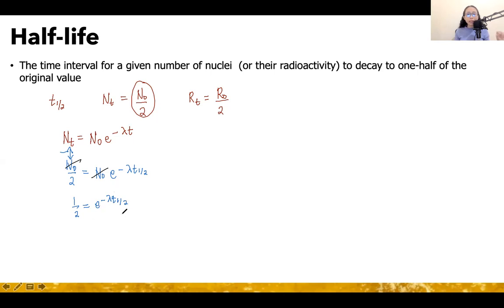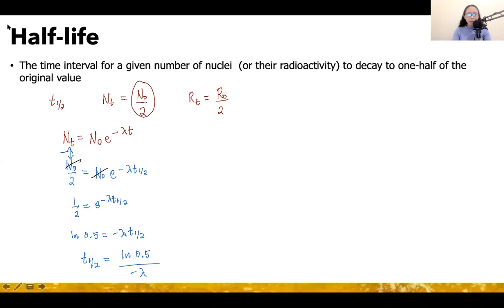Now we need to isolate t1/2 in this equation. So we take the natural logarithm of both sides of the equation. We have ln 1/2, or ln 0.5, equals negative lambda times t1/2. Finally, we have t1/2 equals ln 0.5 over negative lambda.